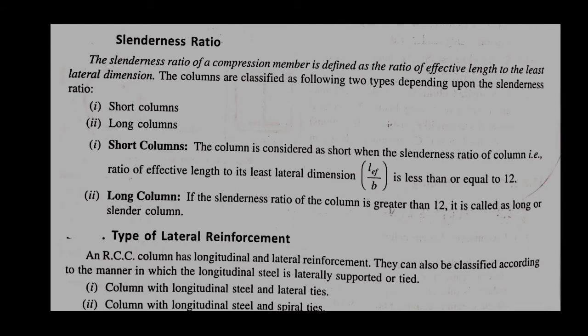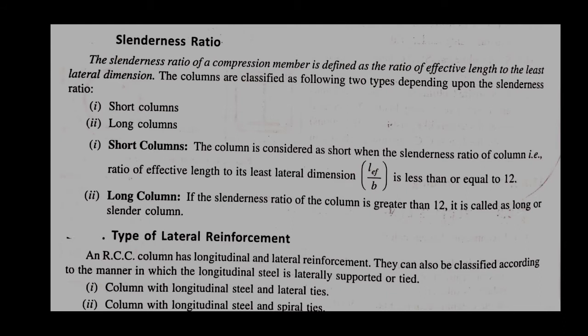So, this is the most important term of column, slenderness ratio. Now, depending upon the slenderness ratio, the column is further classified in two parts. One is short column and another is long column.